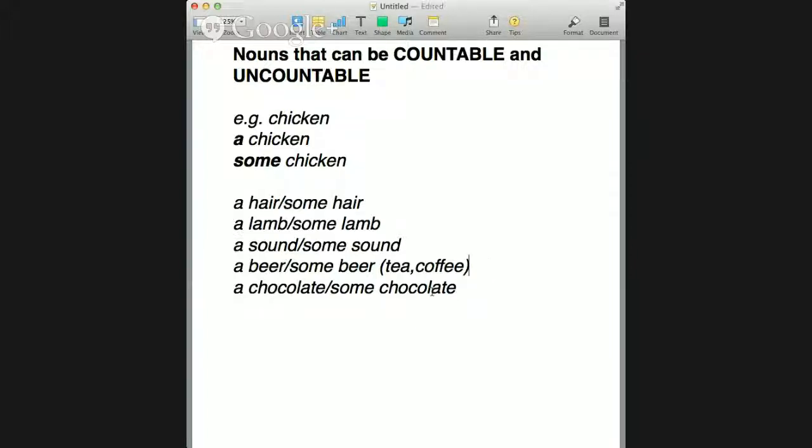What's the difference, David, between a chocolate or some chocolate? A chocolate could be a bar of chocolate and some chocolate, maybe more than one chocolate. Nice try. Actually, if you say a chocolate, you're actually talking about like a box of chocolates. You know how you can get a box with little mini chocolates, like roses or something like that?